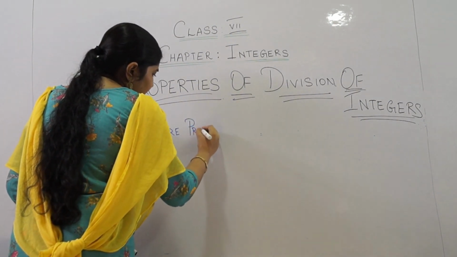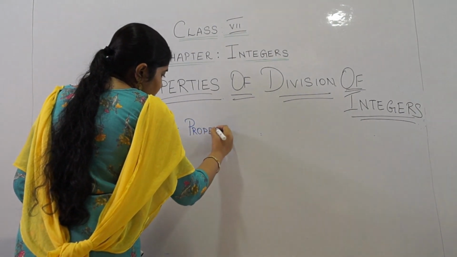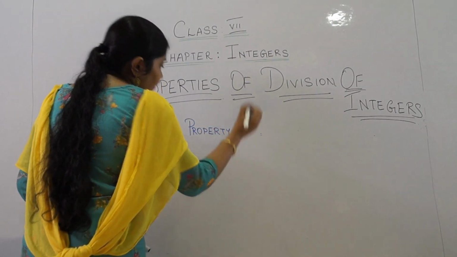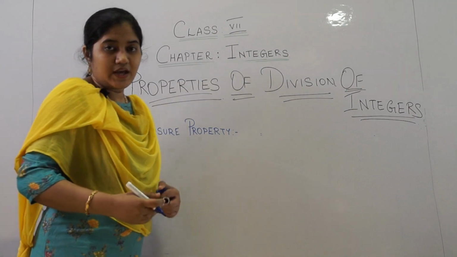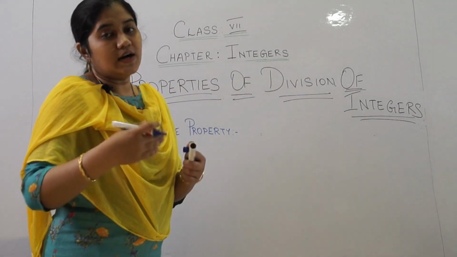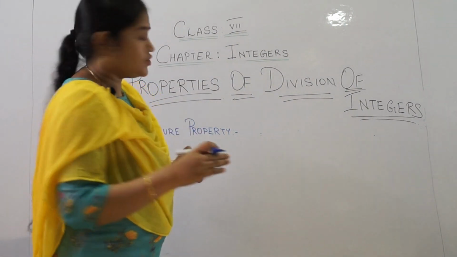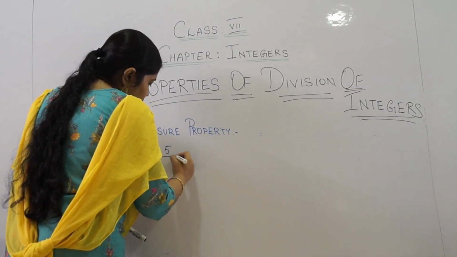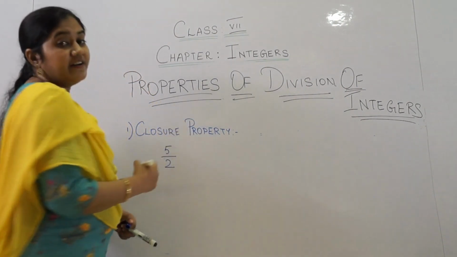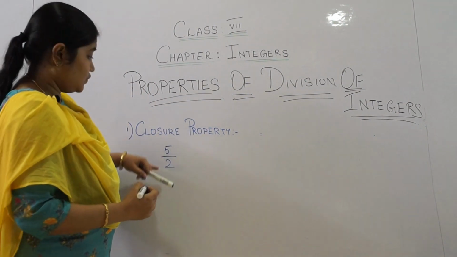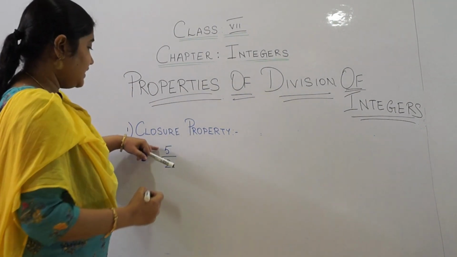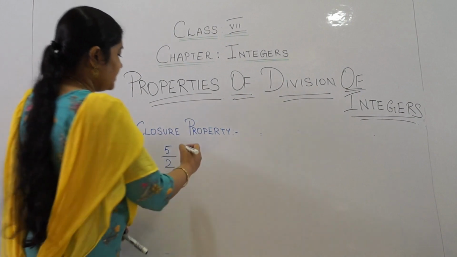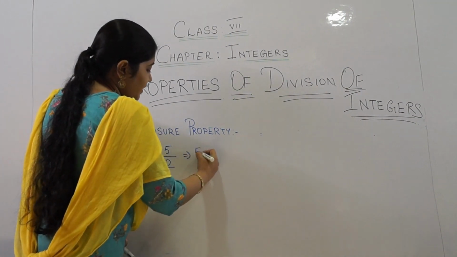What does this closure property state in division? So when you take two integers and divide them, your result should be an integer. Okay, so suppose I take 5 and 2. When I divide 5 and 2, 5 is an integer, 2 is an integer. Okay, when I divide 5 and 2, the result is 5 by 2.